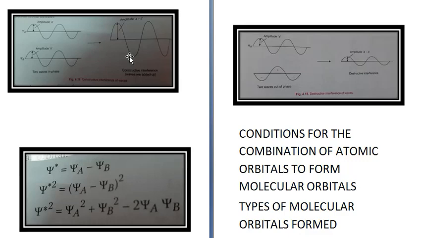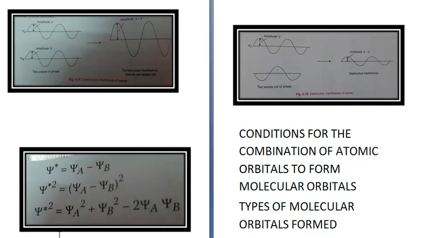Okay, now during destructive interference, what happens? In destructive interference, the two waves are out of phase and the amplitudes of the waves are subtracted. So for an anti-bonding molecular orbital, it becomes wave function of A minus wave function of B, and the wave function square becomes (wave function of A minus wave function of B) whole square.